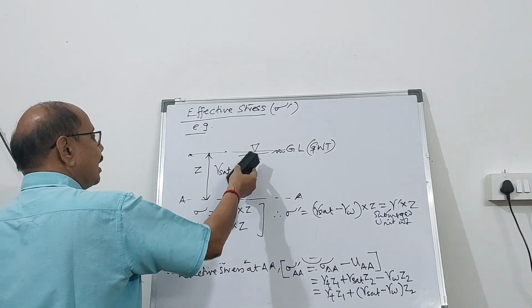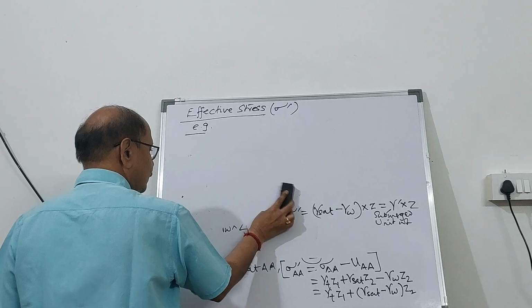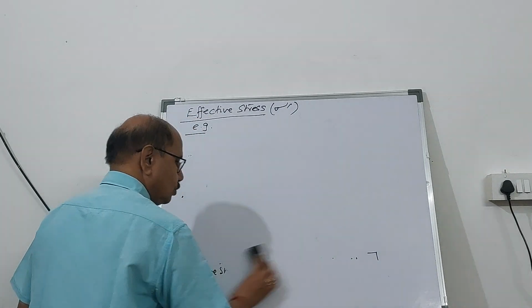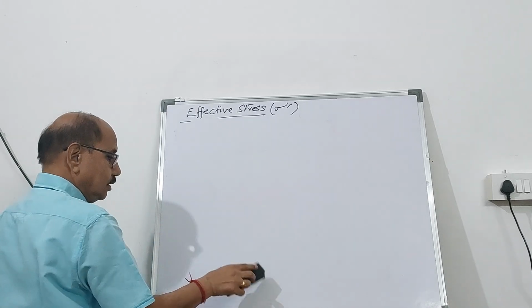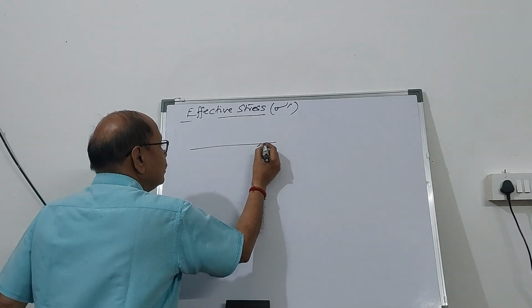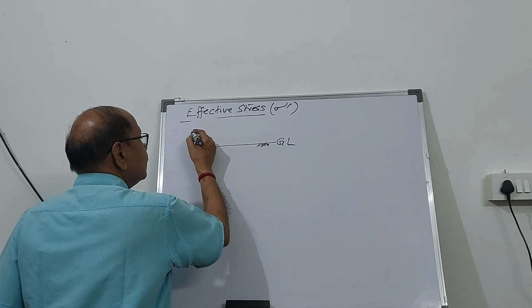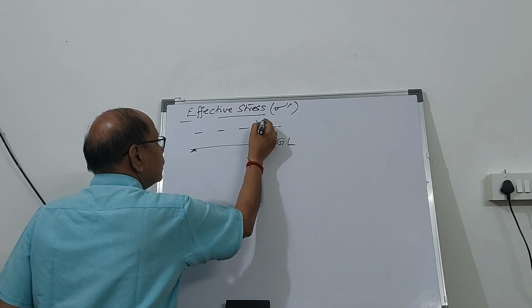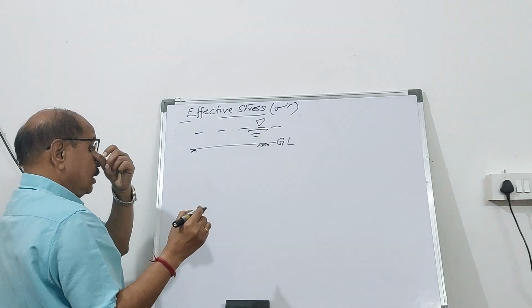Now let's say the ground is flooded. The case could be like this also. So friend, it is quite simple, quite easy. Now I will take the case where this ground level is underwater. It has been flooded completely.